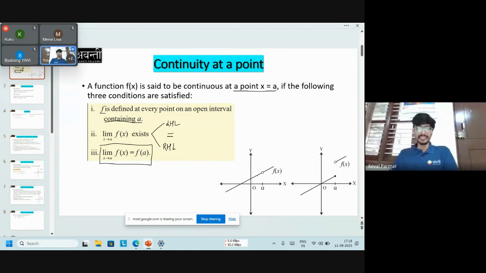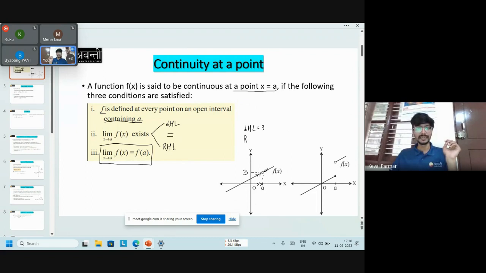Now, let's take the same example, same graph, and let the value of the function at x equal to a be 3. If someone asks me the left hand limit, if I approach a from the left hand side, the functional value I am approaching is 3. So here the left hand limit is equal to 3. What is the right hand limit?